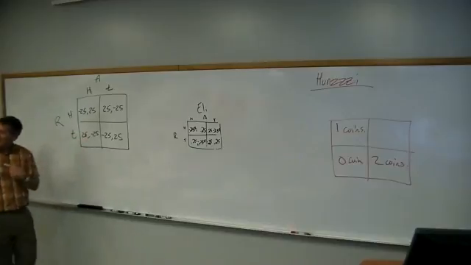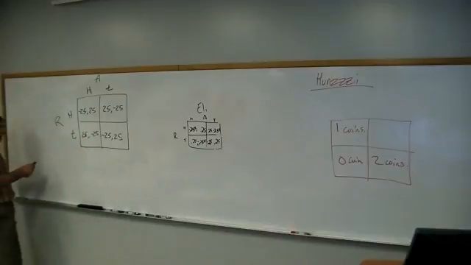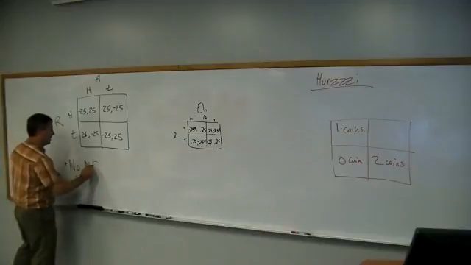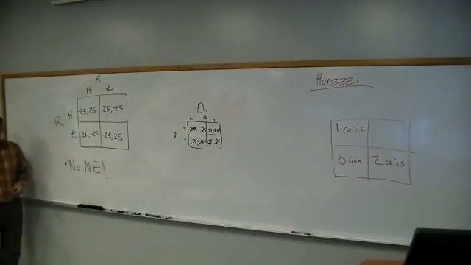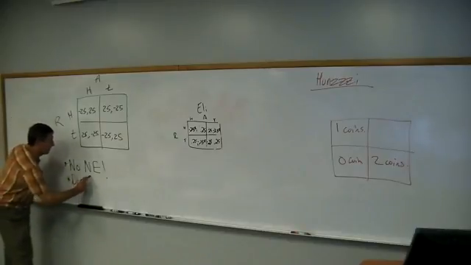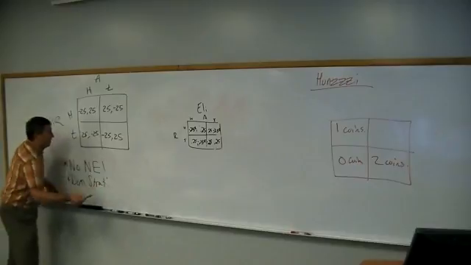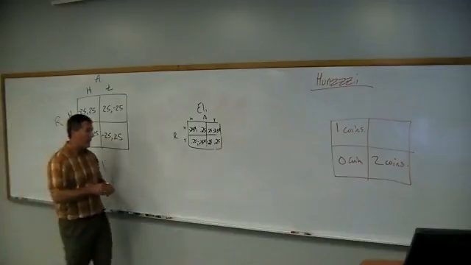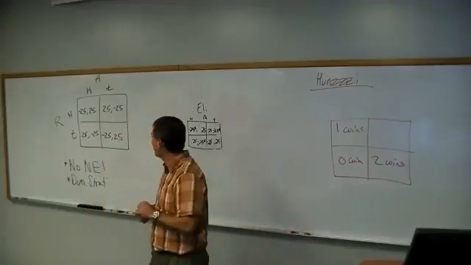So this is one of our last examples we're going to look at. No Nash equilibrium for this game, and there's also no dominant strategy. So we don't get any insight there on where we think the game's going to end up.